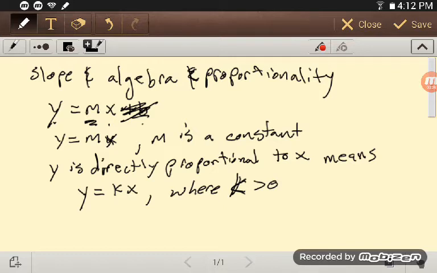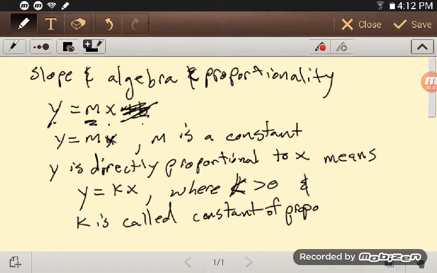So where k is greater than 0, k is called, now in this case it's not called the slope, it works the same way, it's the same kind of number, it is the rate of change of y with respect to x, but it's called the constant of proportionality.